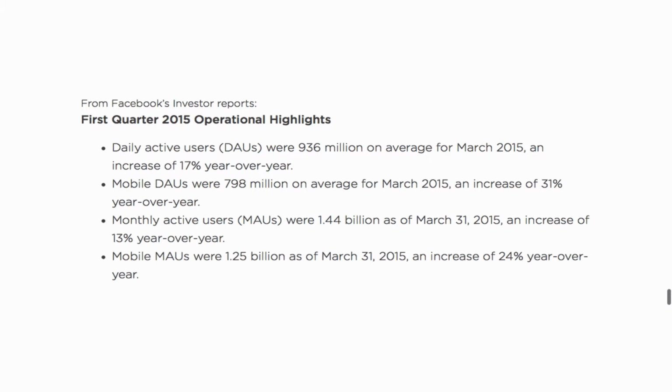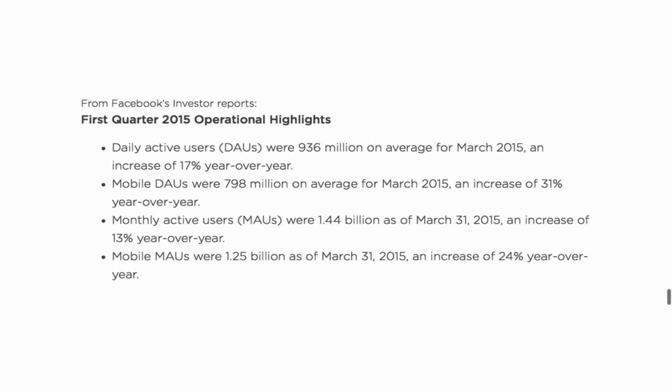I'm going to go over some statistics here in case you don't already understand how popular Facebook is. I'm going to start with my most recent statistics, which are from the first quarter of 2015. And these are from Facebook's investor reports. They're available publicly because Facebook is a publicly traded company in the United States.